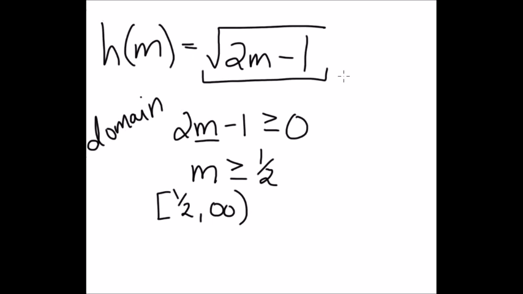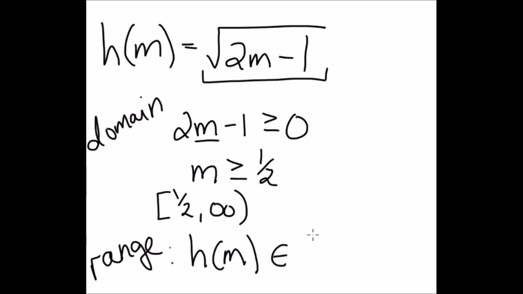And if you think about a square root, it produces values that are 0 or greater than 0. And so since there's nothing else going on in this function, we can realize that the range of the function is going to be the full set of values of h of m on the interval 0 to positive infinity.